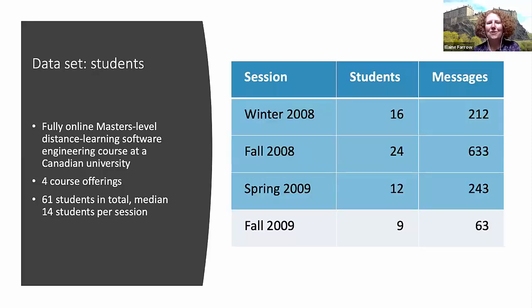The table shows more details about the number of students and the number of messages in each of these sessions. We used the first 3 sessions as training data, and we used the final very small session as held out test data, just to validate that our models were managing to generate something that was generalizable to unseen data.